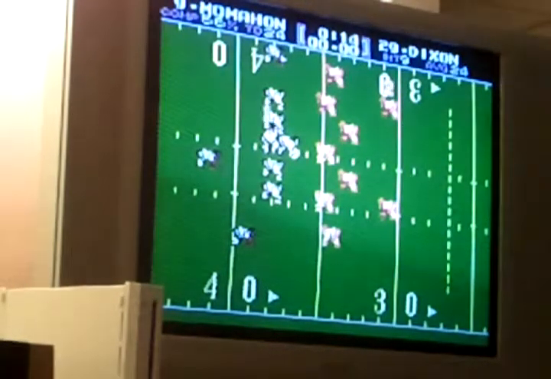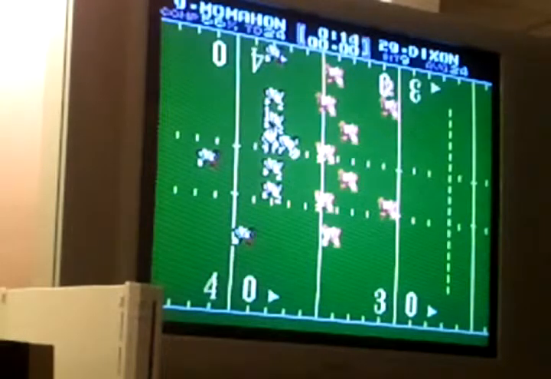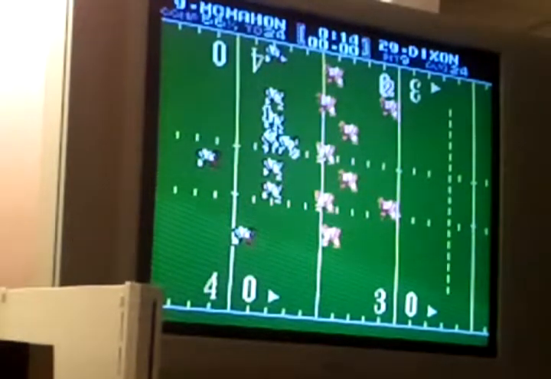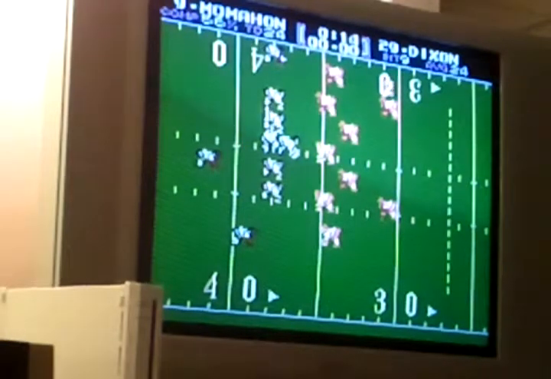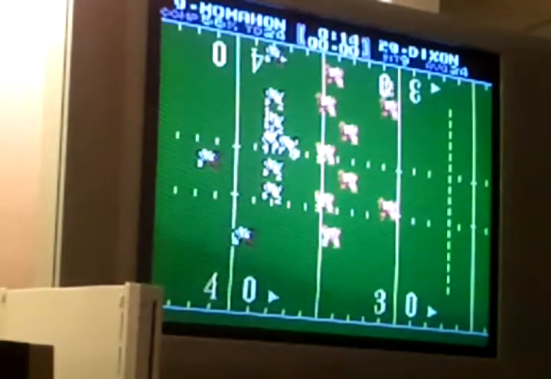Oh, man. This is the worst ever. This is the best blooper reel ever. Oh my gosh. Dude, it looked like he had like 4 yards at least. He was like halfway there. It's like 2nd and 12. Oh my god. Dude, I'm hurting.